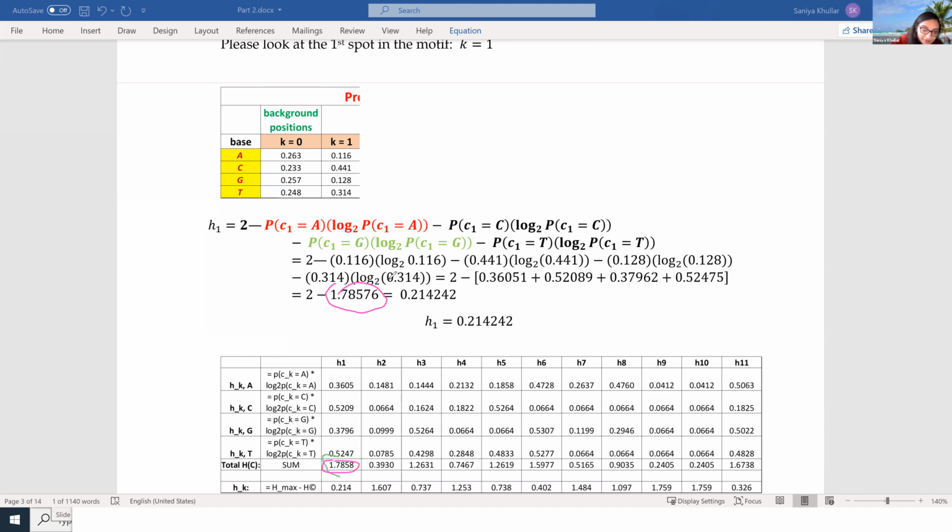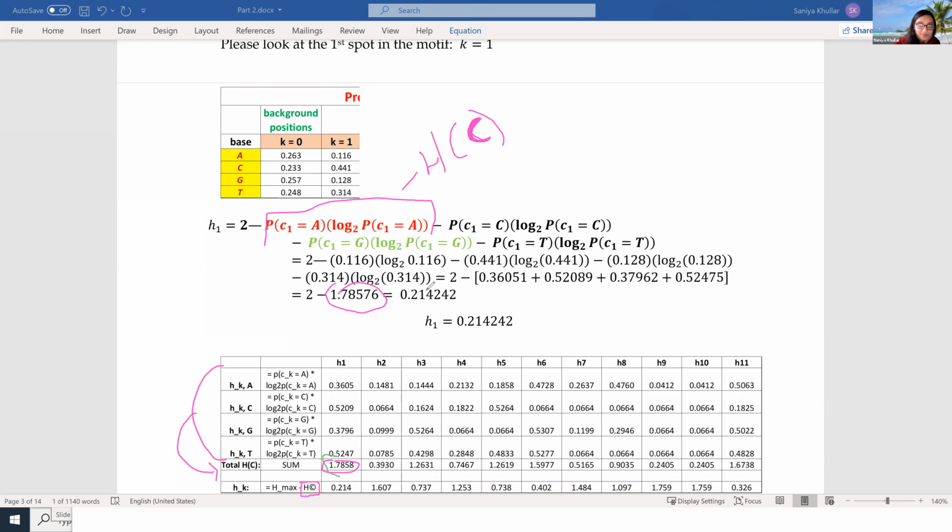So once you calculate what these parts are, you just sum them up and you get this value here. And this part, as you remember, is your HC from the formula, of all the bases. And then HK is going to be H max minus this value right here.